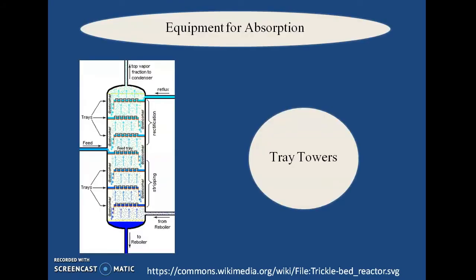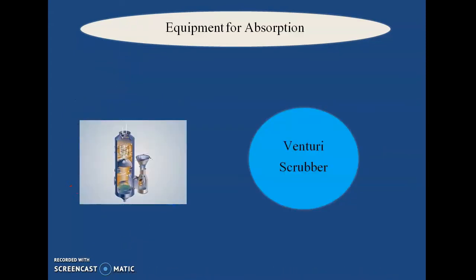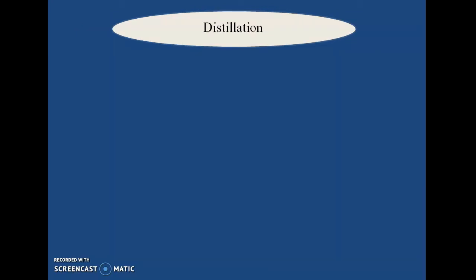Tray towers, columns containing trays; packed bed columns, columns containing packed beds; Venturi scrubbers and spray towers. The details of each of these equipment will be discussed in following lectures.